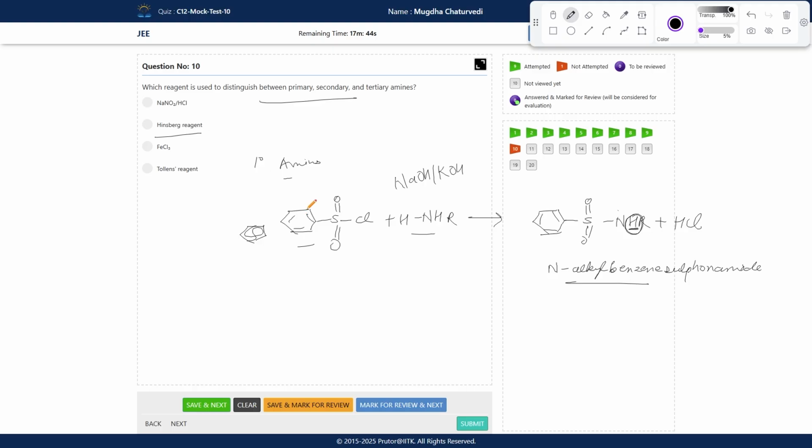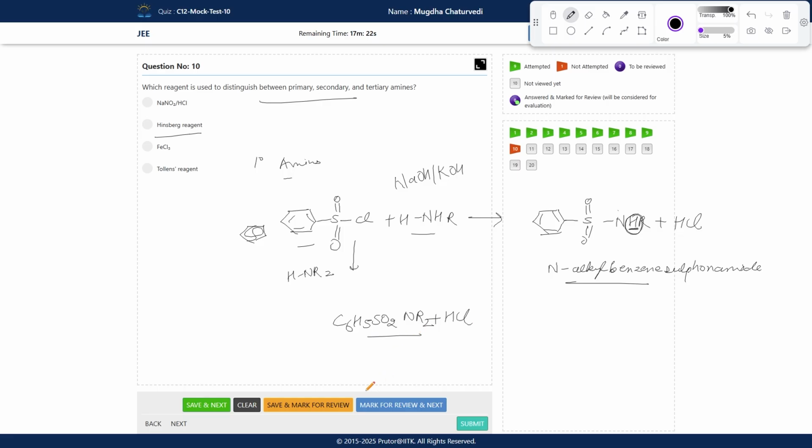And now when this benzene sulfonyl chloride reacts with a secondary amine like HNR2, then in this case it forms N,N-dialkyl benzene sulfonamide. Okay, so this forms C6H5SO2NR2 plus HCl.